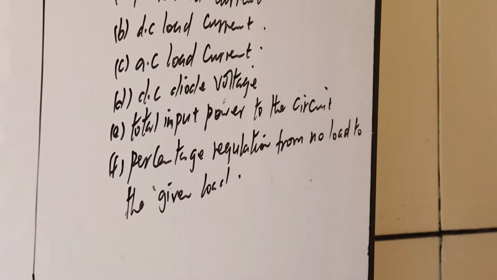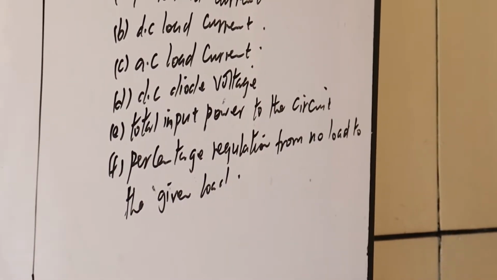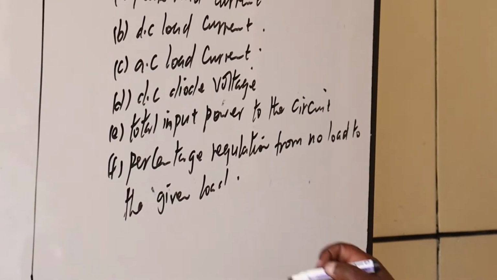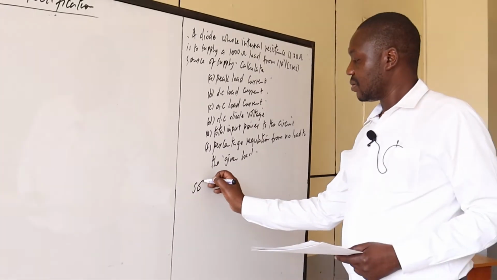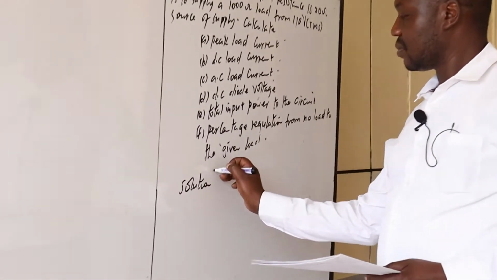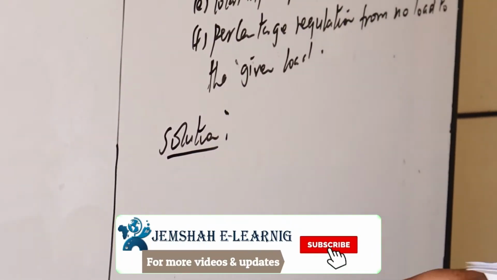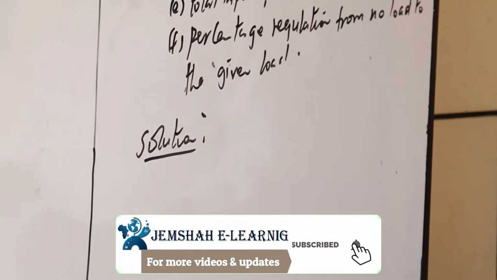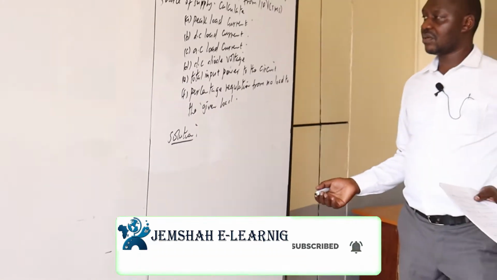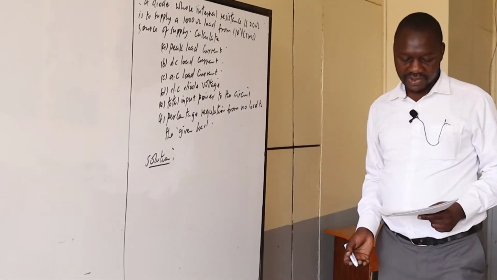Yes. So we shall start by getting the peak load current. So the solution: peak is the same as the maximum. So when you talk of the peak load current here, we are talking of the IM.